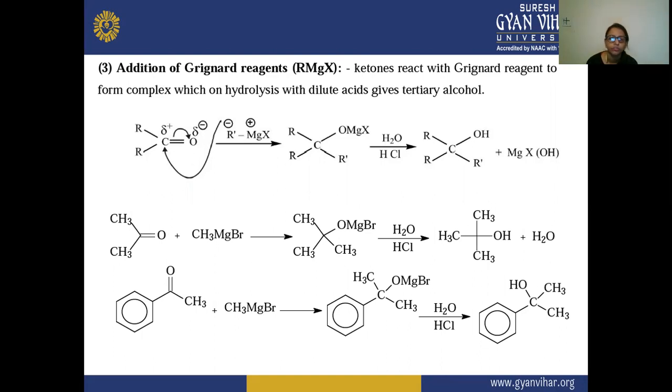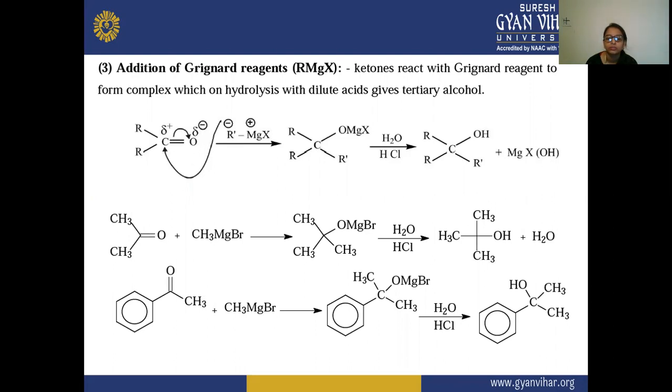There is a formation of this tertiary alcohol here. So this ketone is reacting with this Grignard reagent, and there is a formation of the Grignard intermediate, and this intermediate is then hydrolyzed in the presence of your HCl. There is a formation of this alcohol, and a water molecule is formed here.